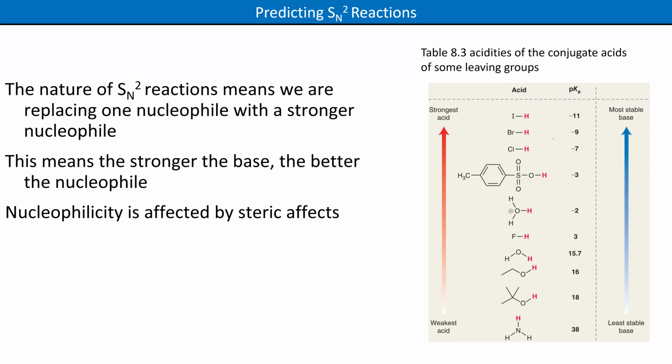There's like 23 pH units between those two, which means your equilibrium constant for that reaction is gonna be somewhere in the ballpark of 10 to the 23. Oh, wow. It's gonna be huge, because remember, pKa is a log-based scale, right? So bromide's such a good leaving group, and hydroxide is a bad leaving group, which makes it a good nucleophile, that it's gonna favor the products very strongly.